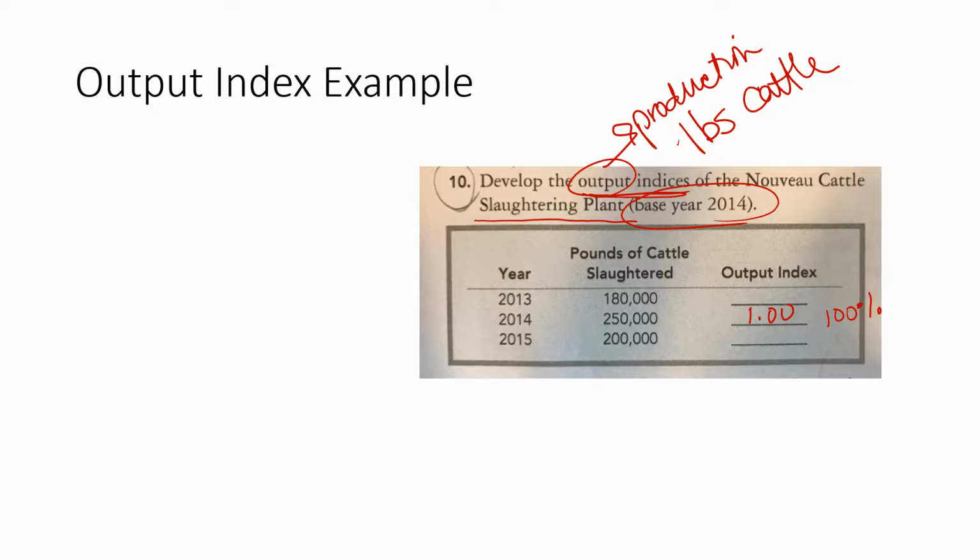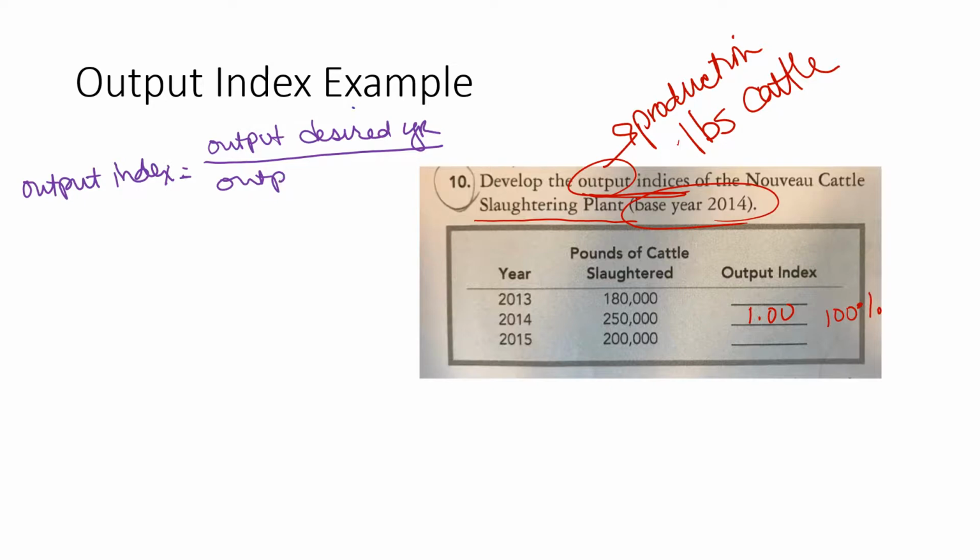Now we need to develop the output indices for the other two. So if you remember our equation, output index equals output of desired year divided by output of base year. We want to figure them both out.